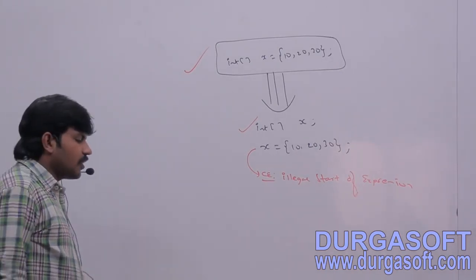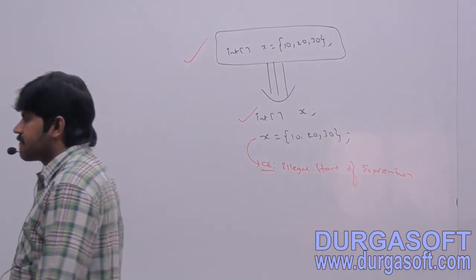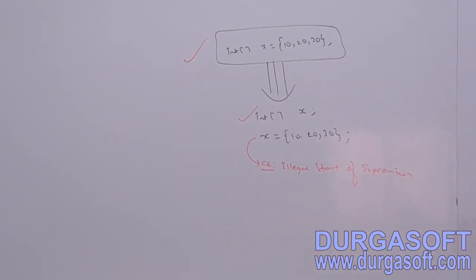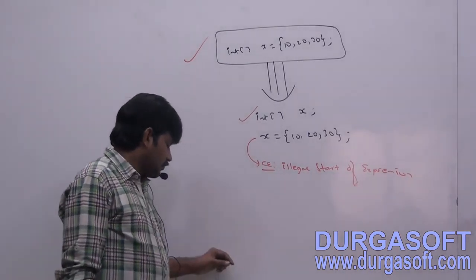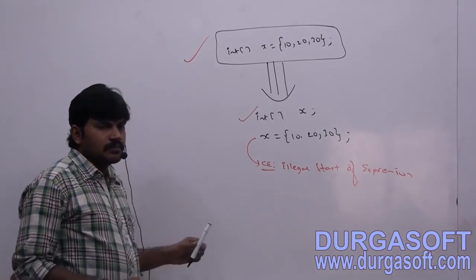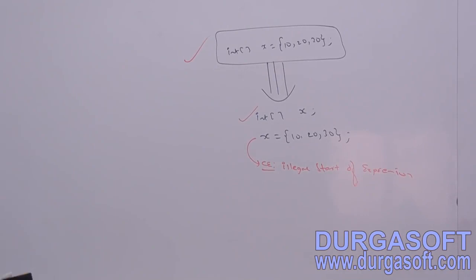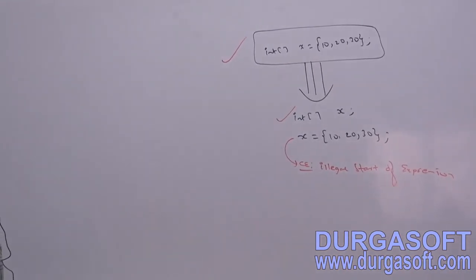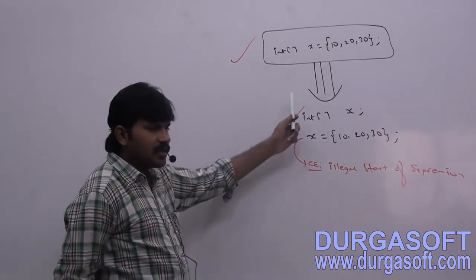Compile time error by default we are going to get. Int array x is equal to 10, 20, 30. Is it clear for all of you, right?